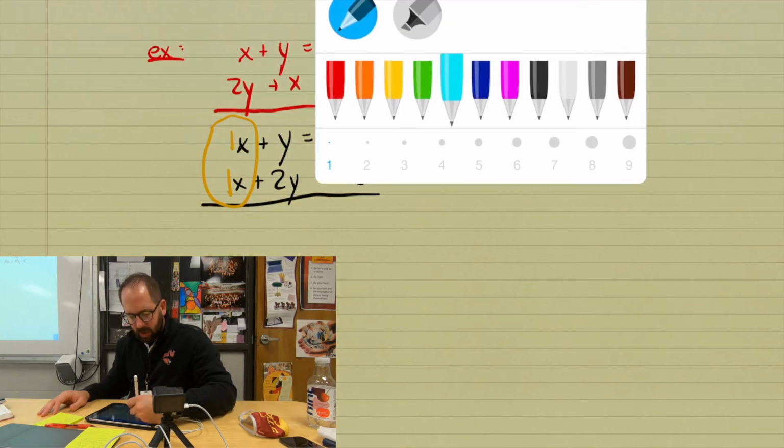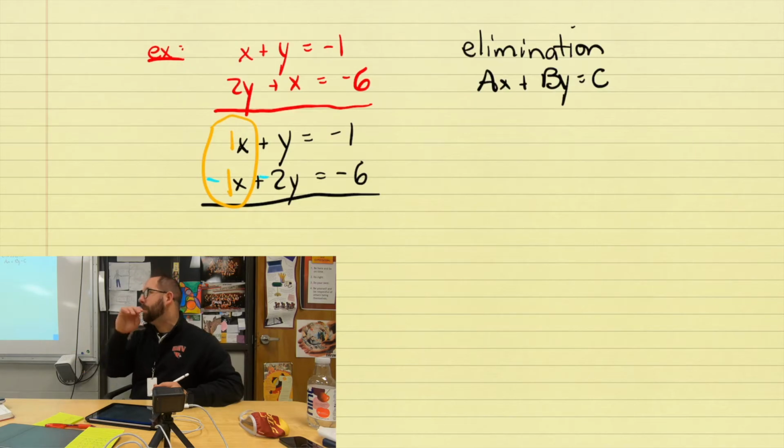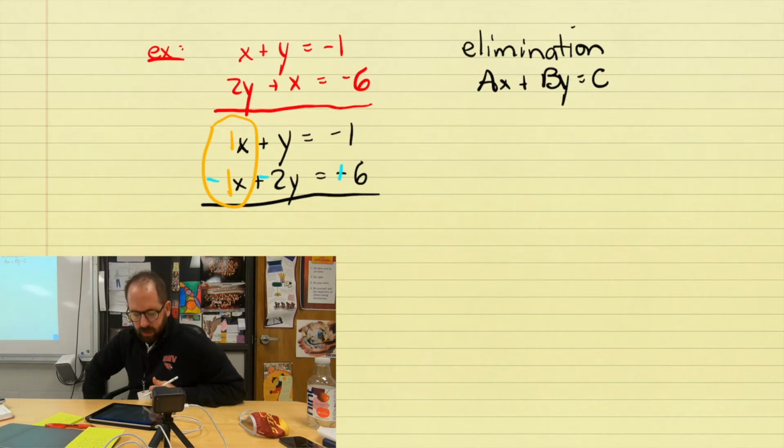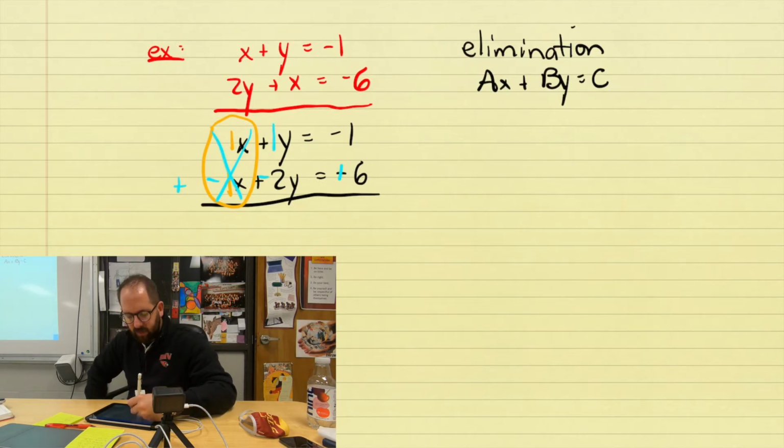So I'm going to make the whole row negative, so that 6 actually turned out to be positive, because it was a negative x, a negative 2y, and a positive 6, because you have to flip all the signs. You only have to do this if one of them isn't negative. Now, when I add straight down, the x's eliminated each other. That's why it's called an elimination method. The 1y and the negative 2y makes a negative 1y.